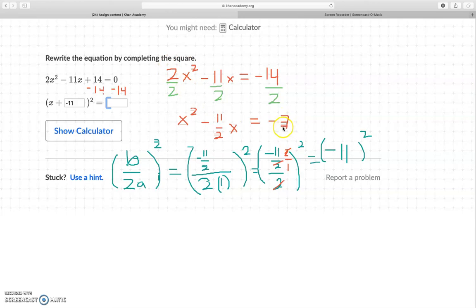So this number we have to add with -11 squared, which is actually 121. -11 times -11, negative times negative is a positive, 11 times 11 is 121, okay? And then -7 plus 121, oh, that's a tricky one, but it's going to be 114.